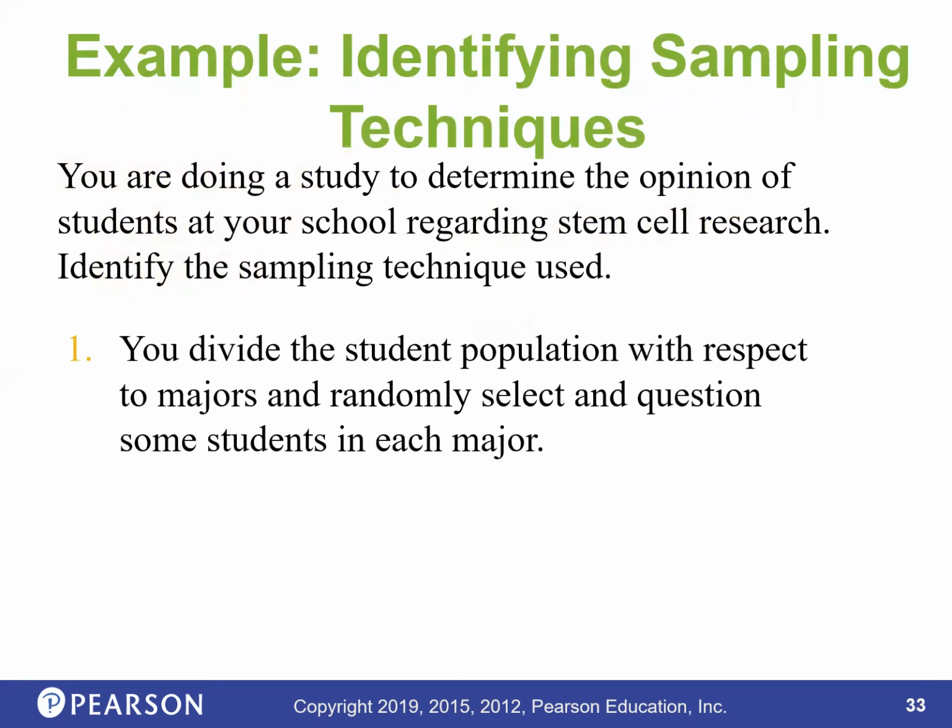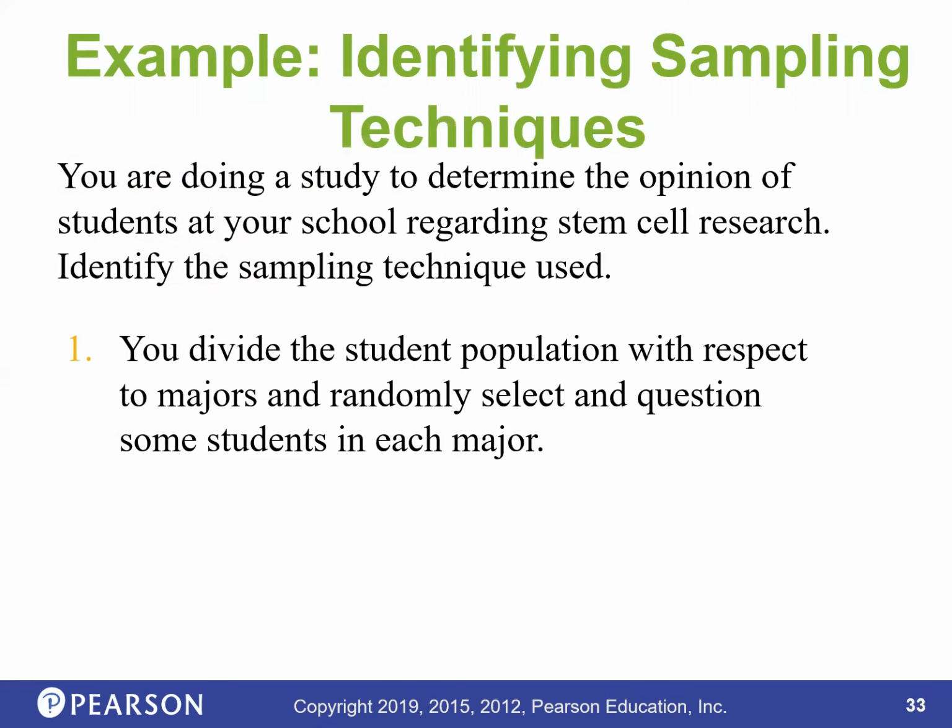So let's do this here. Tell me which sampling technique was used in this. You divide the student population with respect to majors, and then you randomly select and question some majors in each category. Divided according to majors, the psychology, biology, health science majors. Thumb through your sampling techniques here.